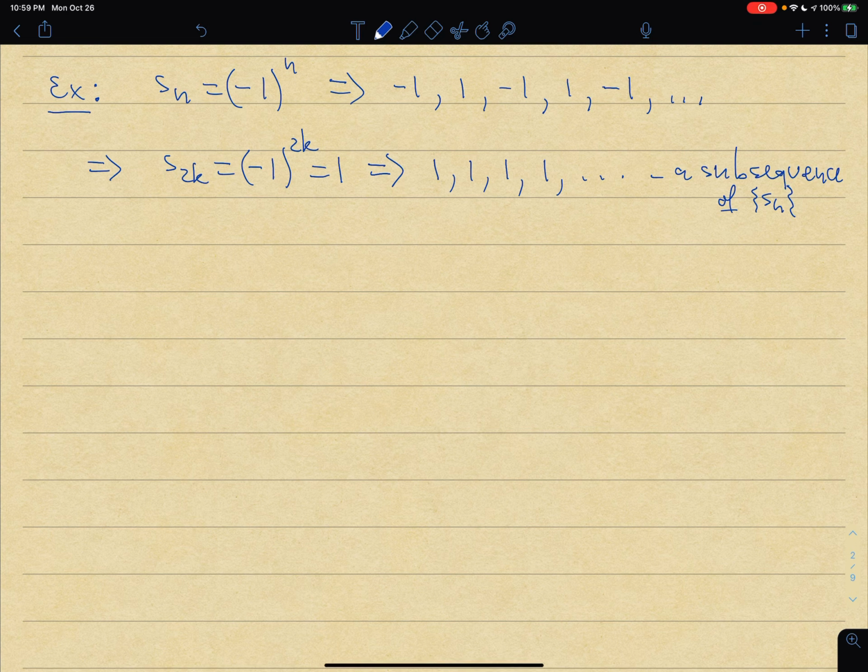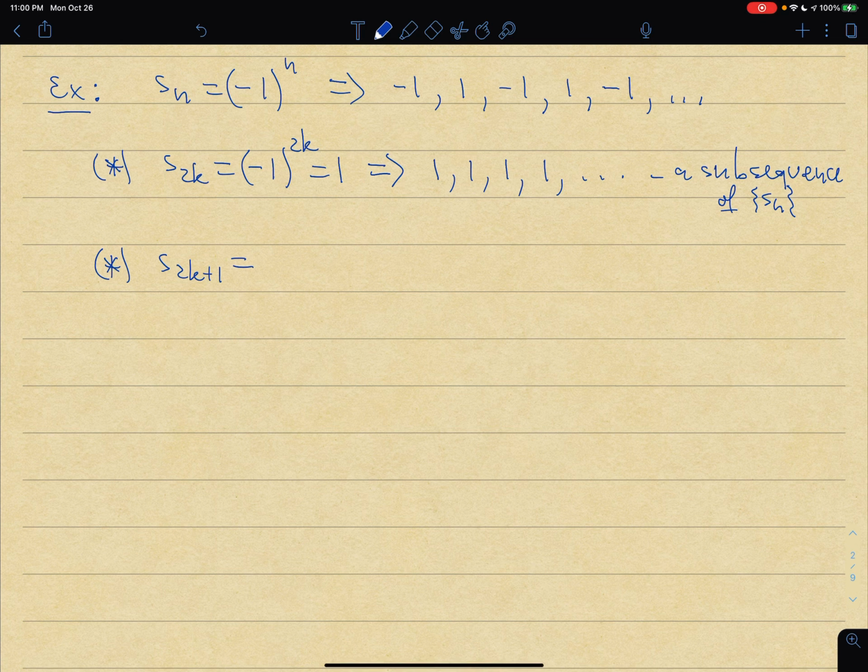Well, let's think of another example. Let's just label these things by stars. How about S_2k plus 1?